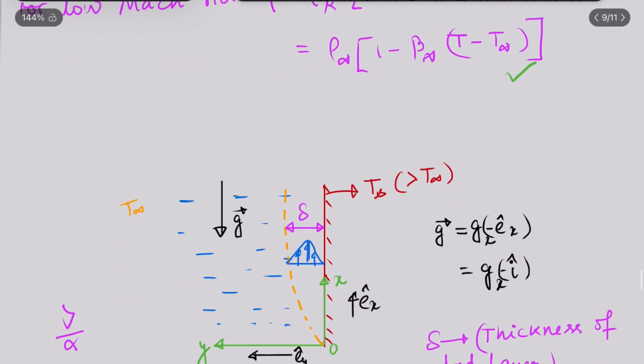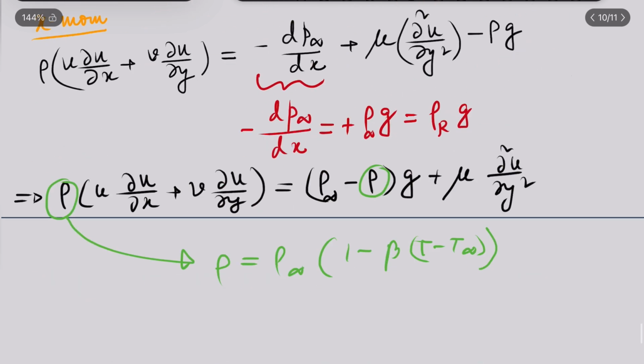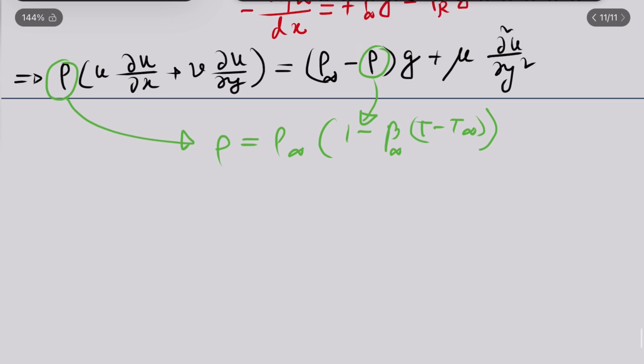For low Mach number, obviously that will be beta infinity. Right? So if I put this, then here also this rho becomes a function of temperature, and the analysis will be very much complex.